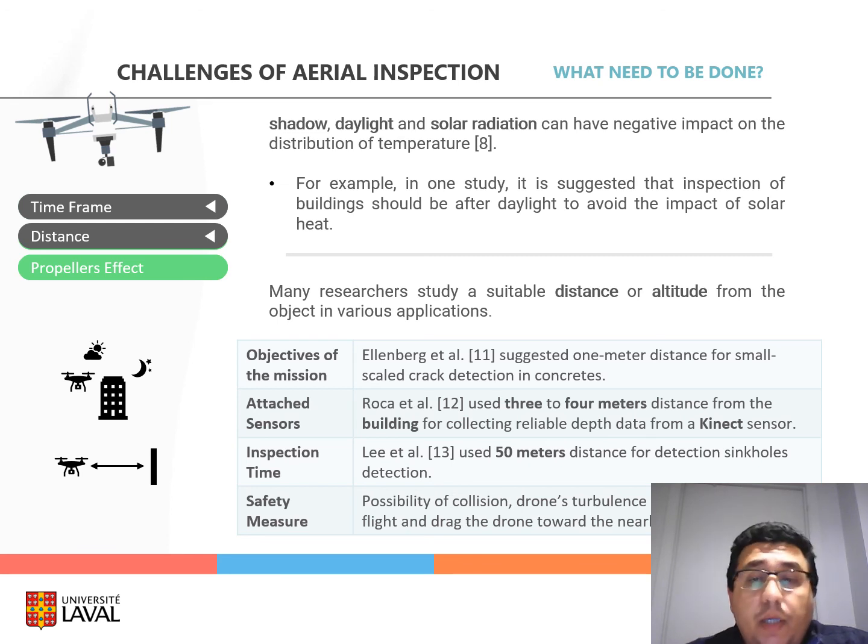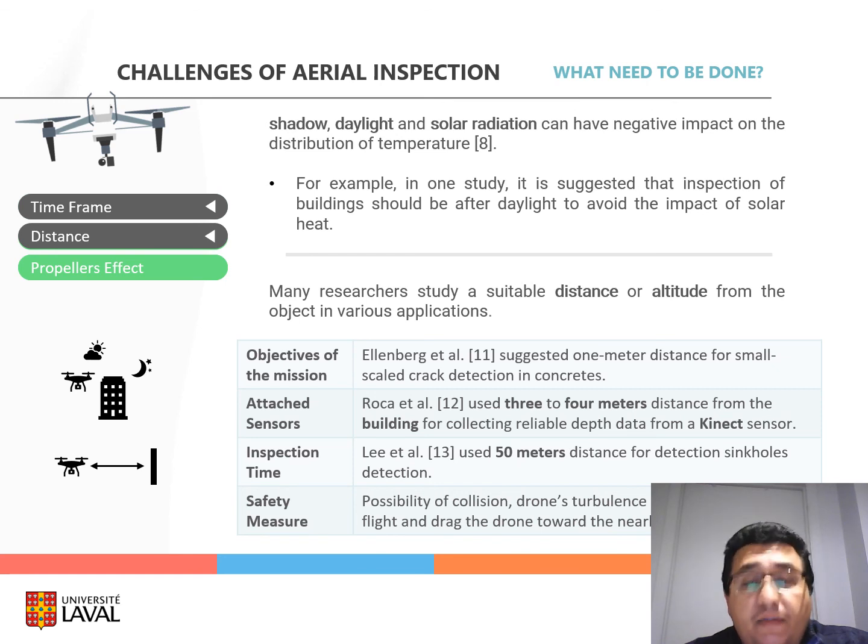Objectives of the mission: for example, one study suggests that a 1 meter distance is the optimal one for small scale crack detection in concrete. Another factor is the attached sensors, their quality, and the nature of the sensor. For example, one study used a Kinect sensor for data collection of buildings, so they had to use 3 to 4 meters in order to collect reliable depth data.